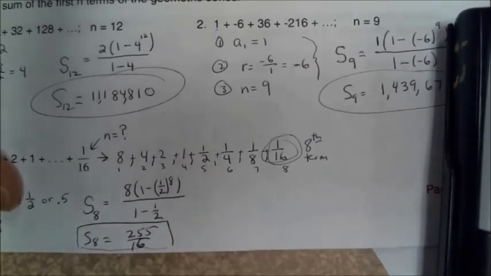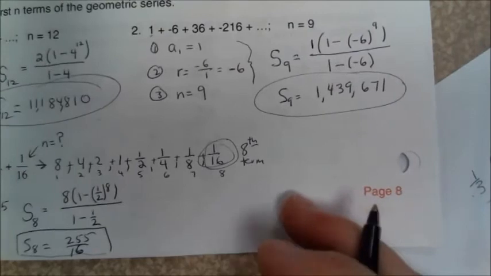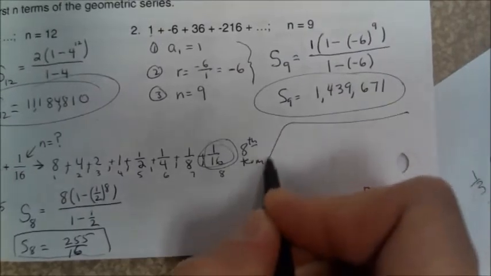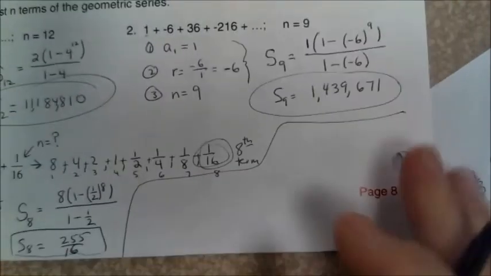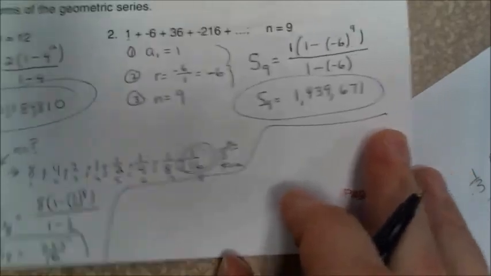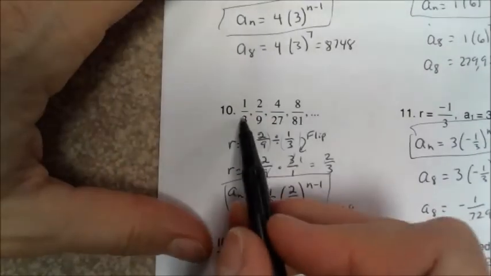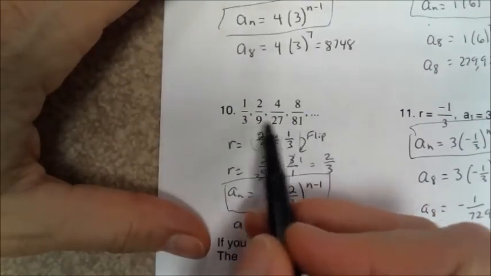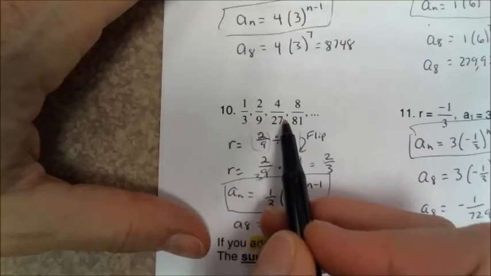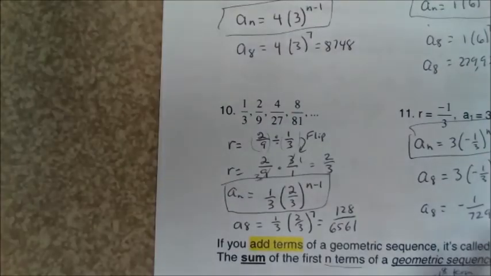And it looks like we might be done, but let's do one more. Let's give ourselves a little bit of room down here. Let's find the sum of the first 7 terms of this geometric sequence up here: 1/3, 2/9, 4/27, 8/81.